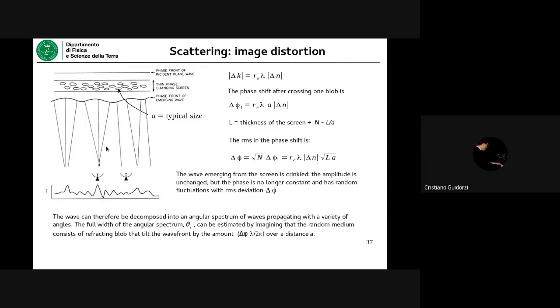Of course, it's a random process, as I said. So the tilting angle varies in a random way from individual ray to ray. But what we can use to characterize the average property is just the root mean square. So the average angle, which we call theta s, by which these rays are tilted with respect to the line of sight.